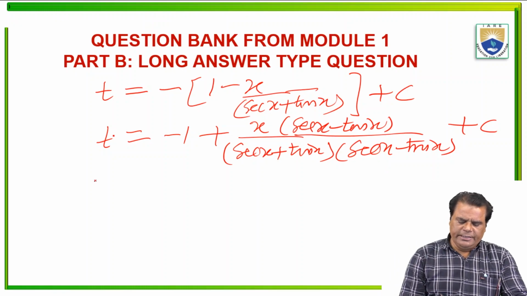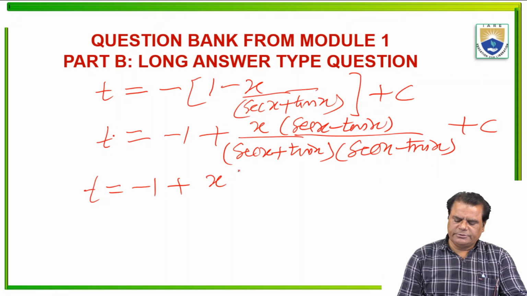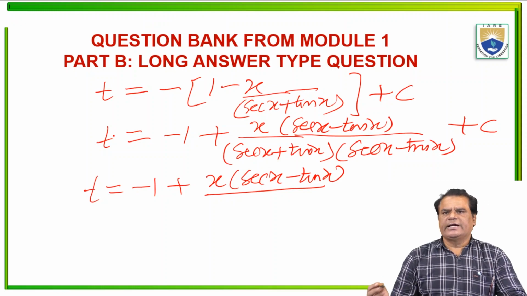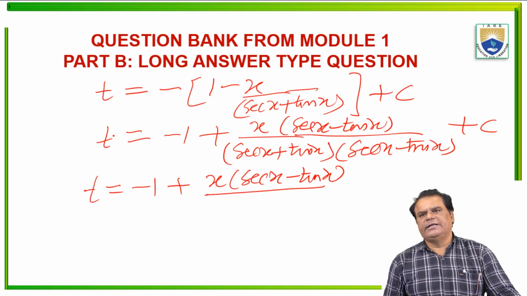So here we get t equals minus 1 plus x, (sec x minus tan x), and in the denominator sec x plus tan x times sec x minus tan x.